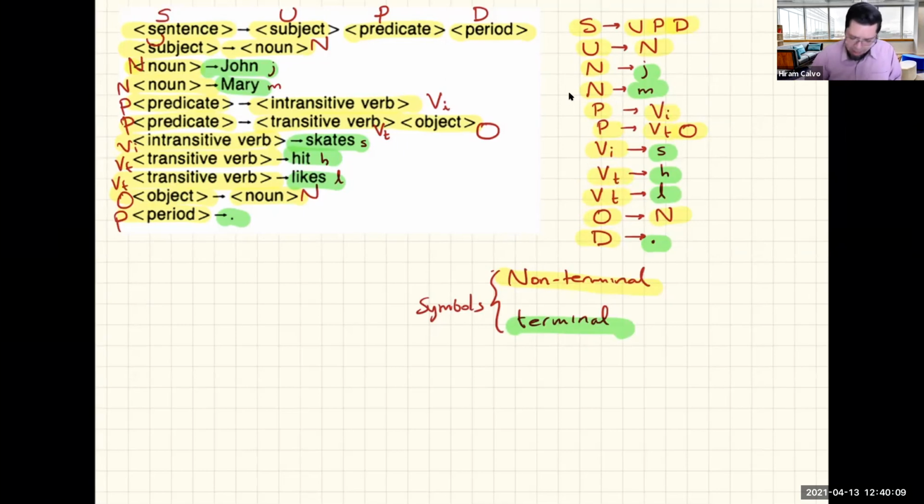Okay, now that we have this, I will show you how to convert this grammar in order to obtain a DFA.